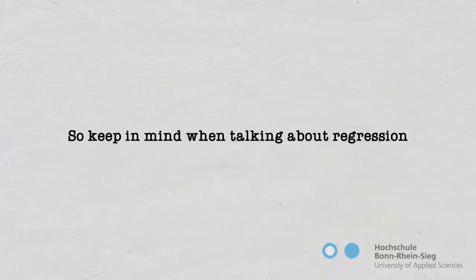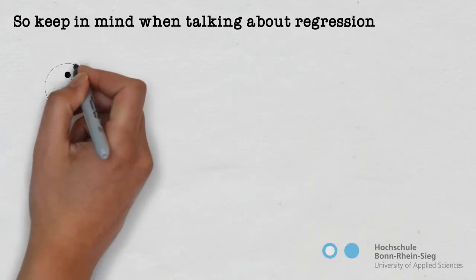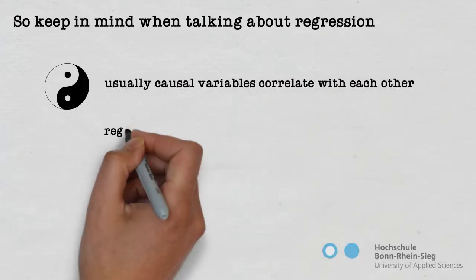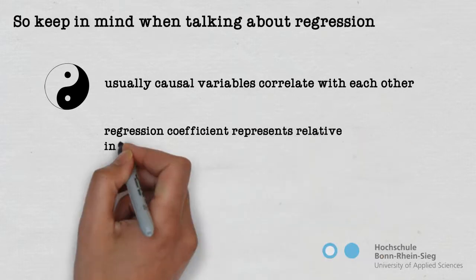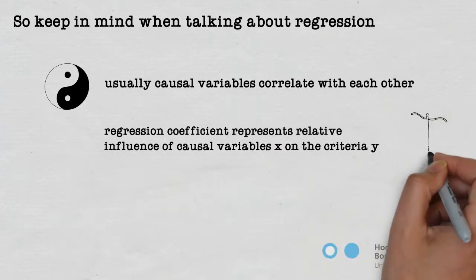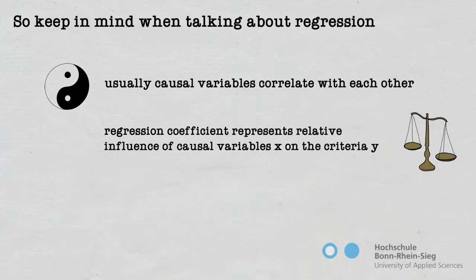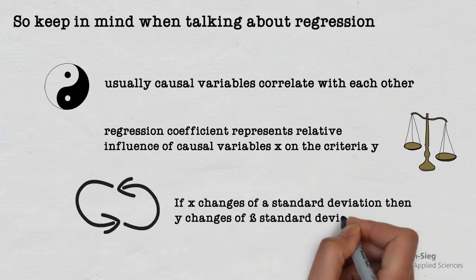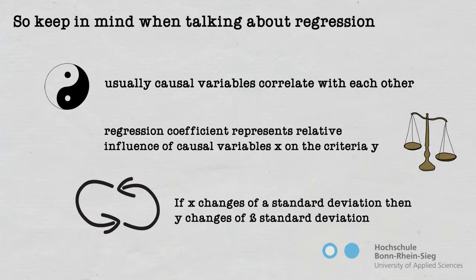So, when talking about regression, keep in mind the following steps. Usually, causal variables correlate with each other, and regression coefficient represents the relative influence of causal variables x on the criteria y. And if x changes of a standard deviation, then y changes of the standard deviation as well.